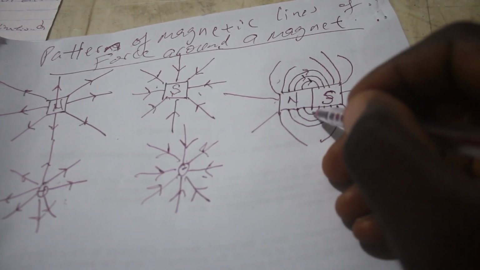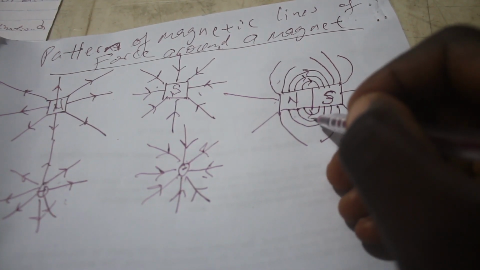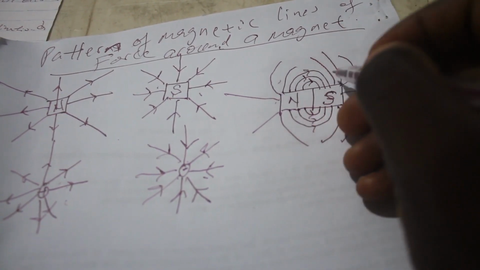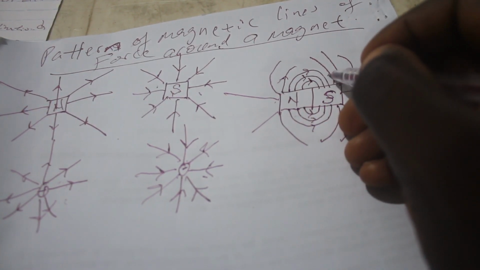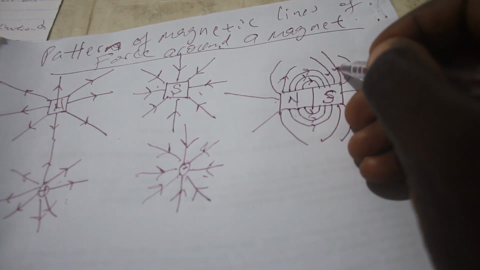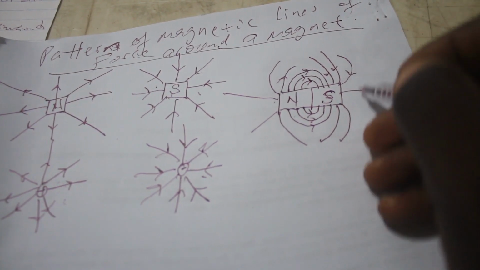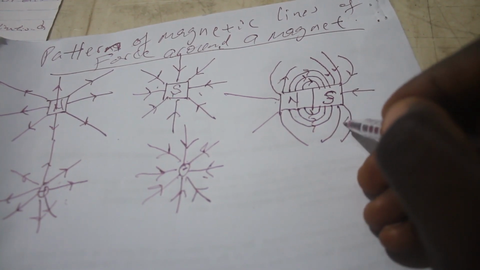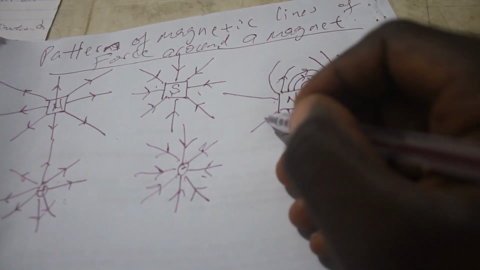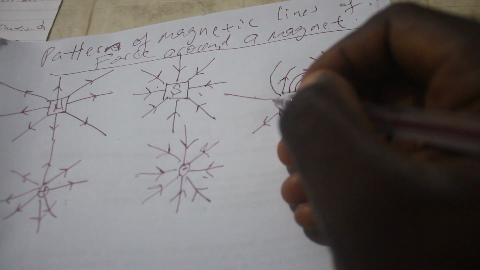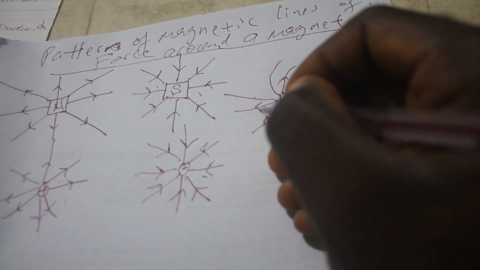You see, they run from the North Pole to the South Pole. And of course this one goes here, and this one comes in, comes in as well. Of course this one goes out.